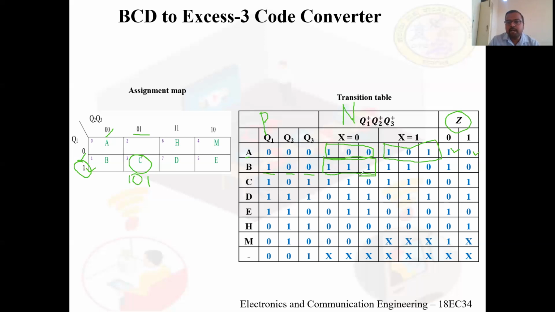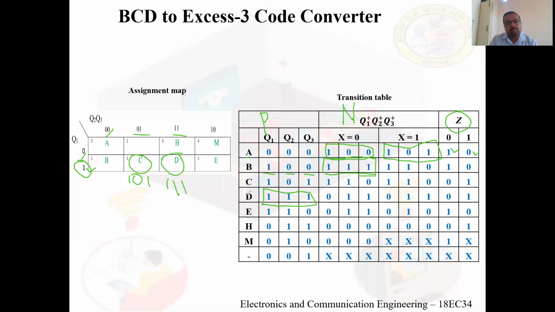We know it is D and F. D is what now? Here we have this 1, this 2 is 1. So that we have written it as what here. Now here we have 1, 1, 1, which is a D state.